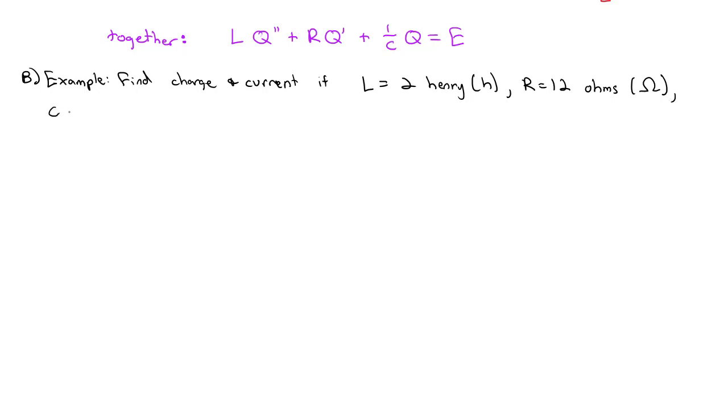And C is equal to 0.0625 farad, or F. And V, the voltage, is equal to 8e to the negative 3t. If the initial charge is equal to 2, and the initial current is equal to 10.